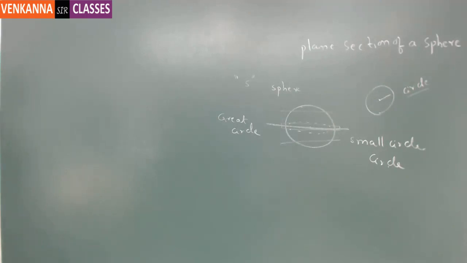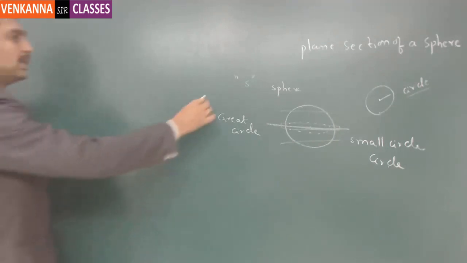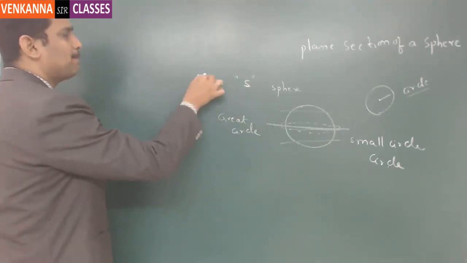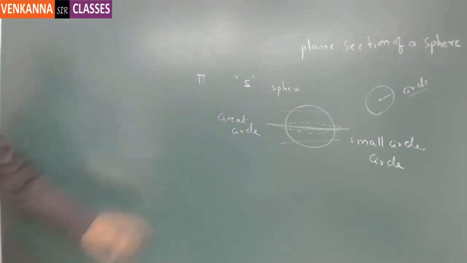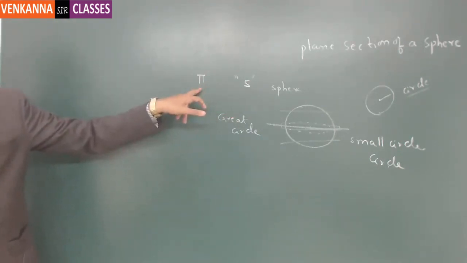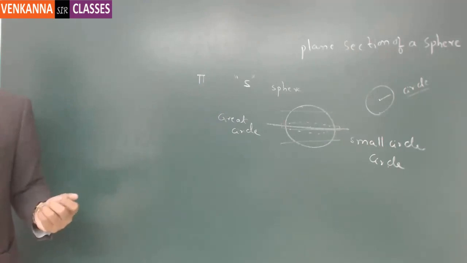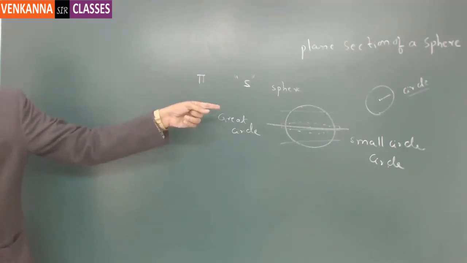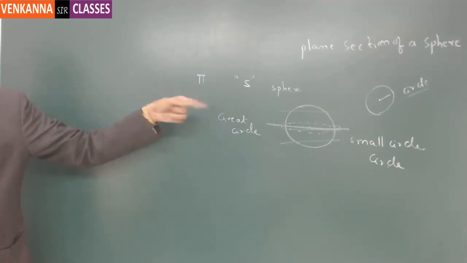Another formula we are going to use here is, if S is the sphere and pi is the plane, S and pi will intersect and you will get a circle. So through this intersection you are going to find a new sphere.